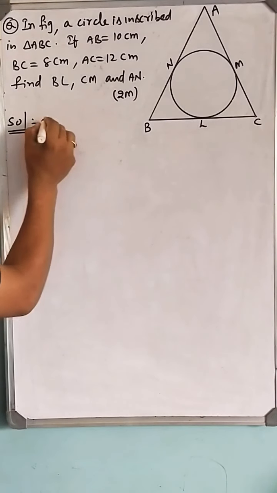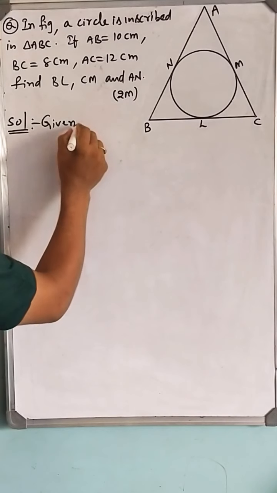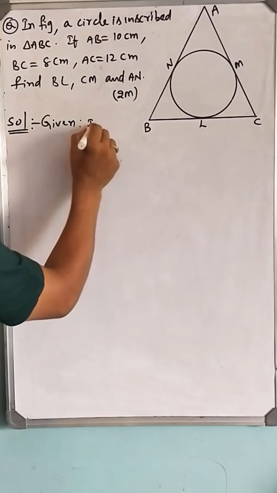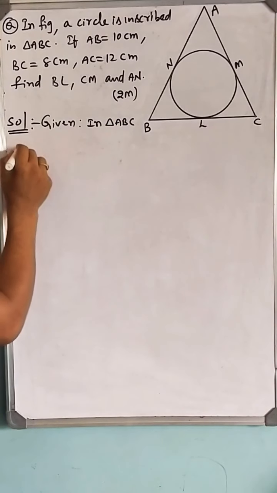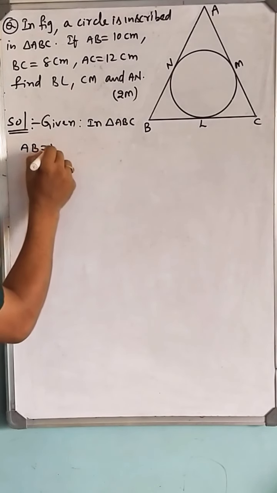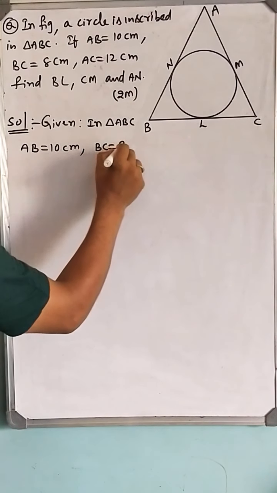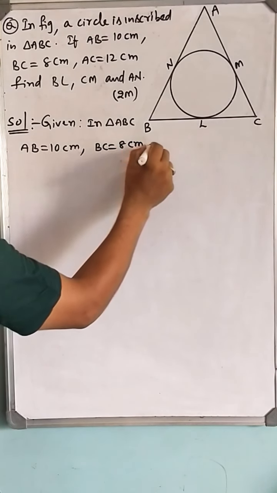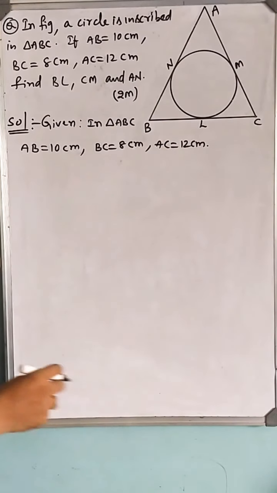Let us write what is given. In triangle ABC, AB is equal to 10 centimeters, BC is equal to 8 centimeters, AC is equal to 12 centimeters.